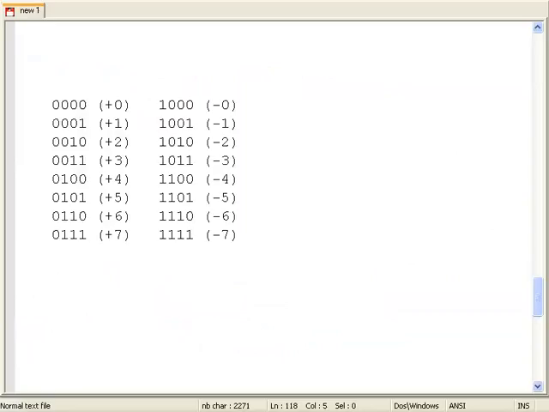Now I'm sure you're wondering why we use this 2's complement scheme when it seems much more straightforward and intuitive to simply use the most significant bit to indicate the sign, such as say positive 5, 0, 1, 0, 1 would be represented simply as negative with the highest bit set to 1.